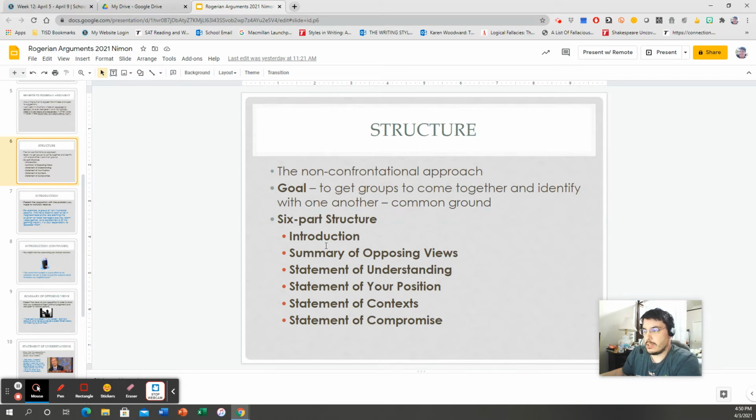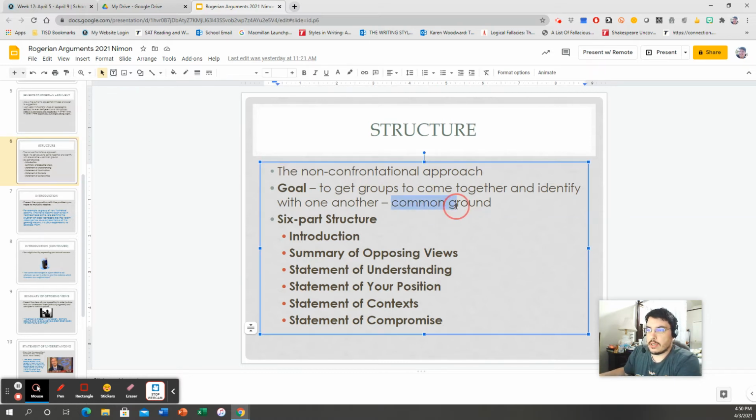You might see a Rogerian argument that goes through these 6 steps and then maybe goes back and does a few more, this, that, and the other. But you're going to see all 6 of these. Okay. And again, the key here is common ground. So let's talk about these 6 points.